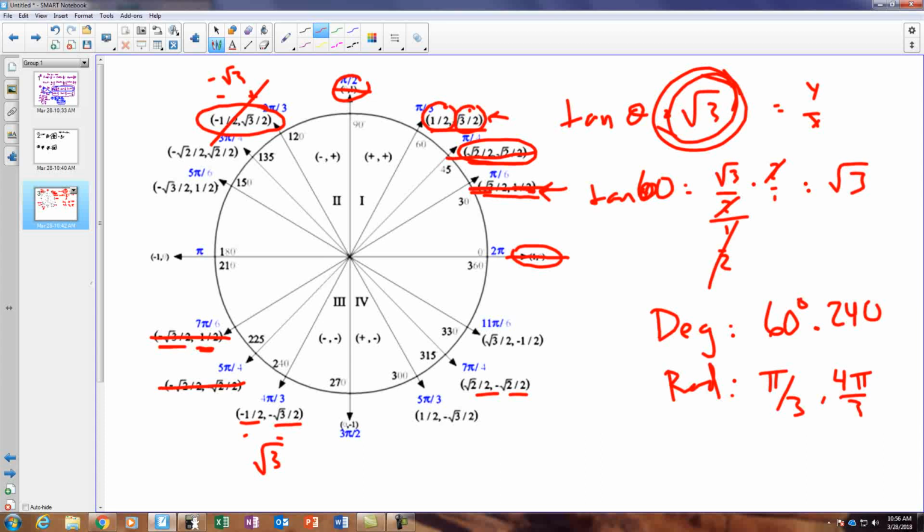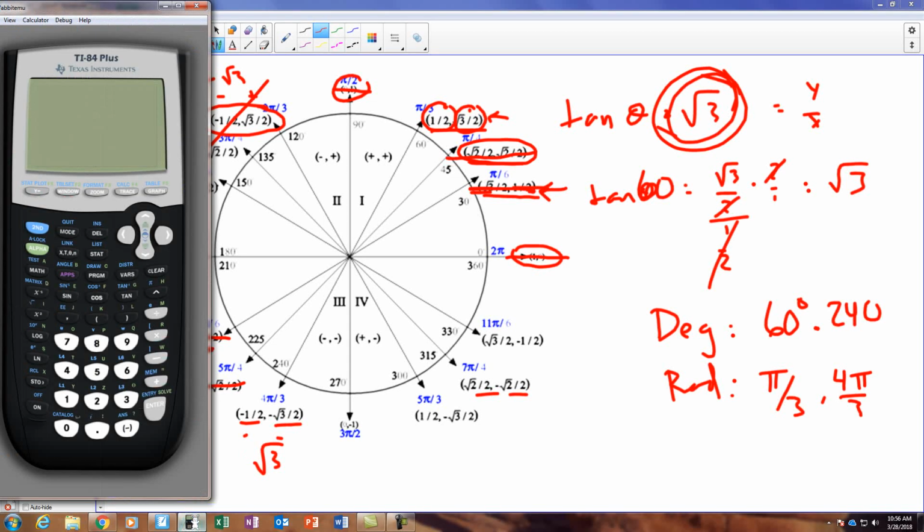Now, if you're someone who's struggling getting around the circle and getting comfortable with stacking them, on a tangent, or really any of these, you can find one of your answers using the arctan or tan inverse. So here's what we're going to do. I'm going to go ahead and do the tan inverse of the square root of 3.